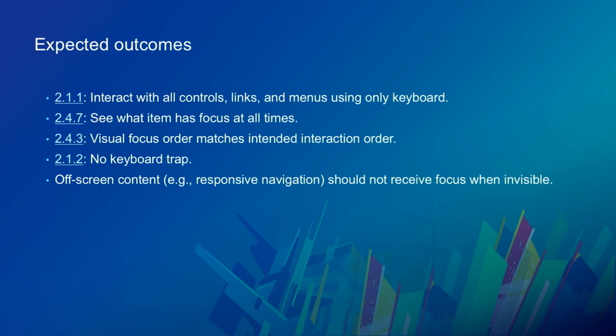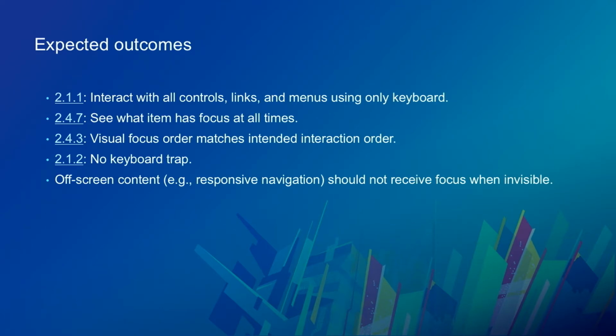And the expected outcome of doing keyboard navigation, when you're doing the testing, is that you interact with all the controls, the links, the menus, only using the keyboard. So no mouse clicks at all whatsoever. See what item has focus at all times. So when you're tabbing or you're shift tabbing or you're using the arrow keys, you should be able to see what you're actually selecting or what's highlighted.